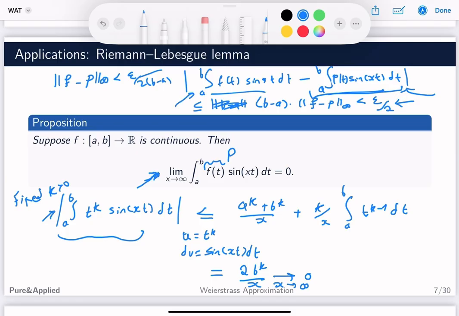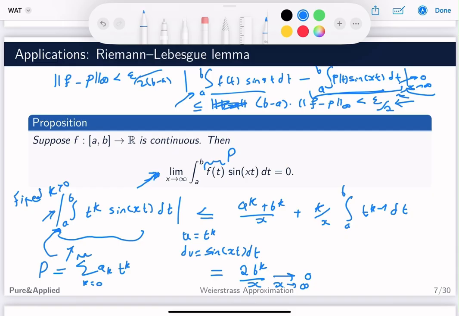We did, because this implies that the integral of the polynomial goes to 0. The polynomial can be written as the sum of a_k t to the k, from k equals 0 to some n, or m. Then you can use linearity of the integral to write it as a sum of terms like this, but each of the terms goes to 0, so this whole integral goes to 0 as x goes to infinity.